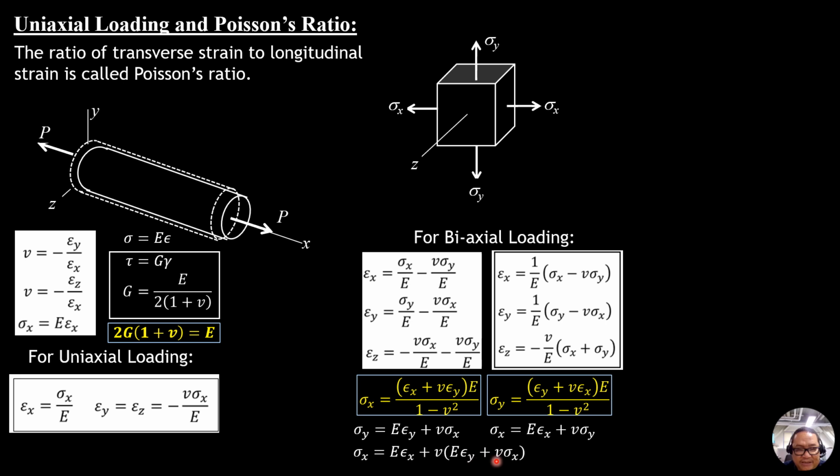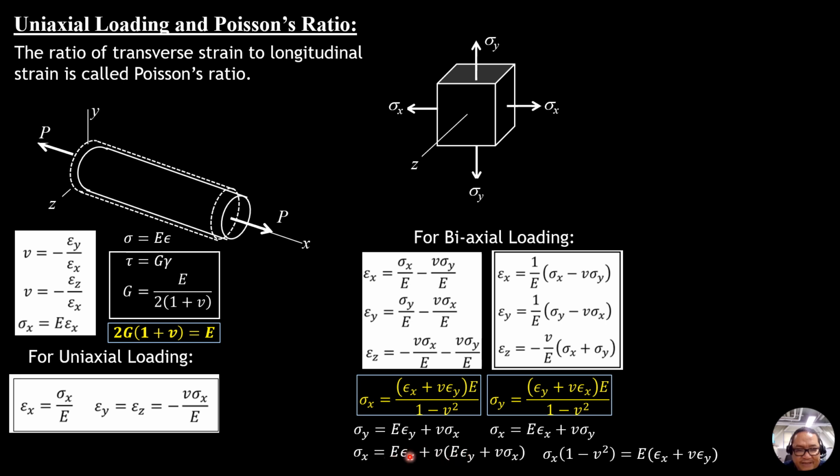So where is this coming from? From here. If we factor out sigma x, take note we have sigma x equals E times strain along x plus E strain y plus v squared sigma x. So factor out sigma x, and that's why we have 1 minus Poisson's ratio squared, equals E factored out for these two terms here.